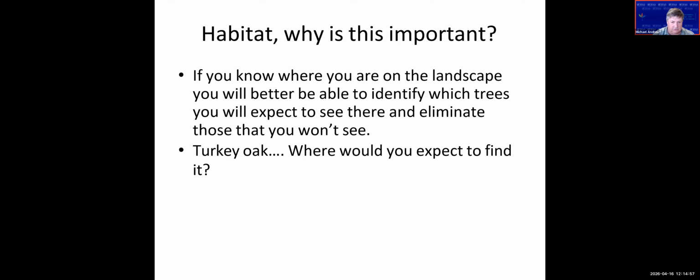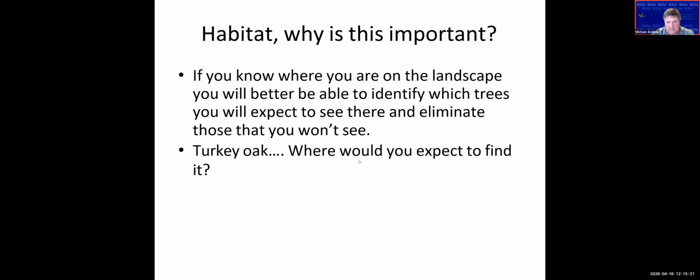Quercus laevis, or turkey oak, is a species that's associated with dry, upland, well-drained sites, and often associated with Pinus palustris. If you have that simple understanding, that can help you think about where you would expect to see it if you're walking around.